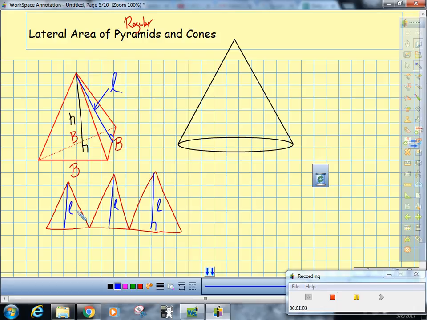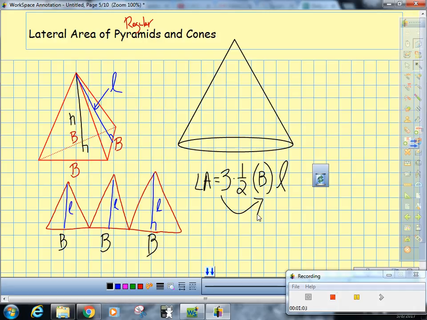So if you think about it, the lateral area is the area of the triangles, so it's 3 times 1/2 times, excuse me, I should have drawn my bases on here, base times slant height, okay? Well, what is 3 times the base equal to?